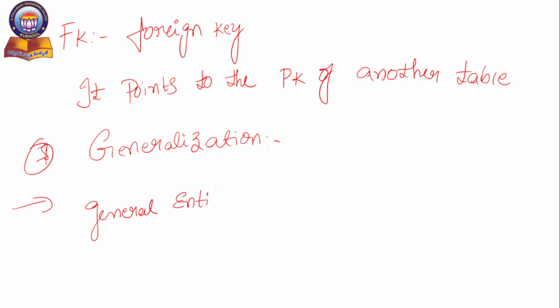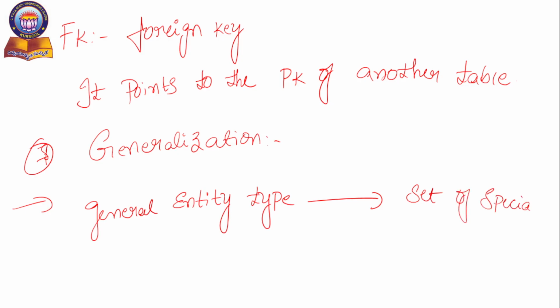Mainly, a general entity type from a set of specialized entity types is called a generalization relationship.